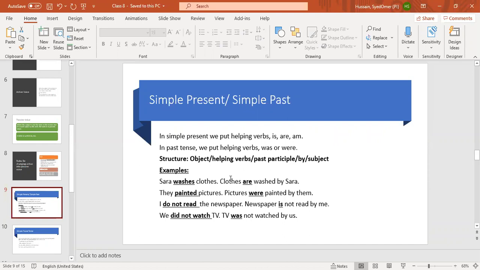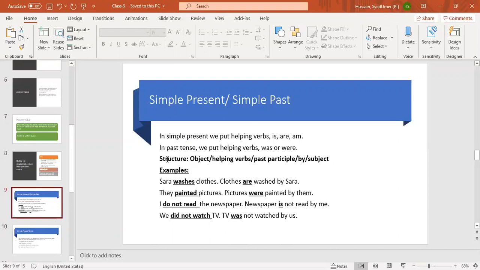So when we are going to change simple present into passive voice or simple past into passive voice, the only change that comes is in the helping verbs. Please note down this rule. In simple present, we put helping verbs is, are, am. In past tense, we put helping verbs was or were.